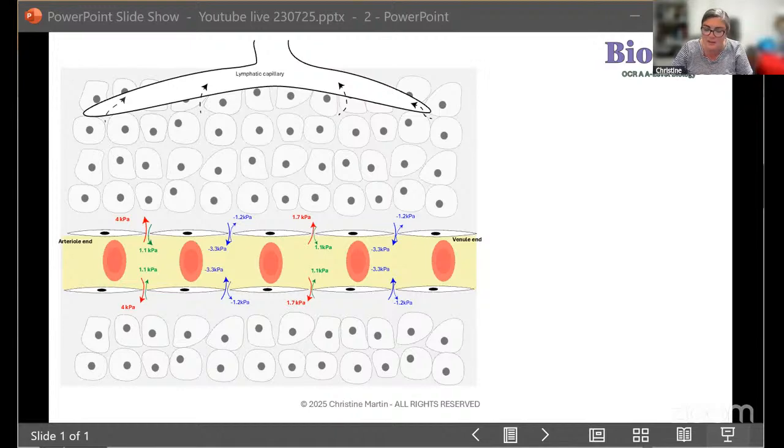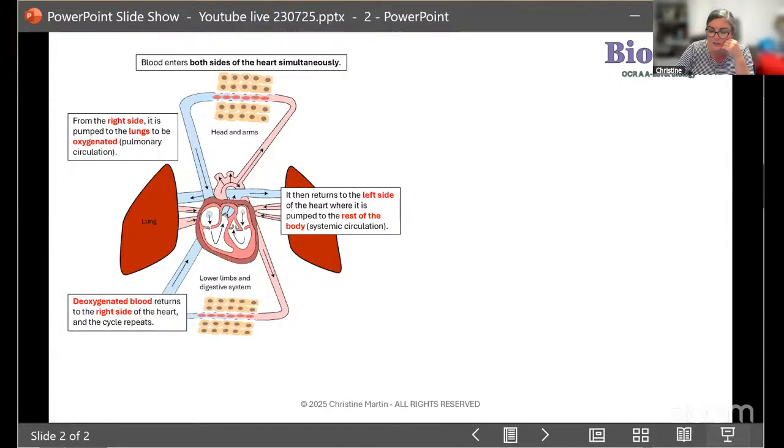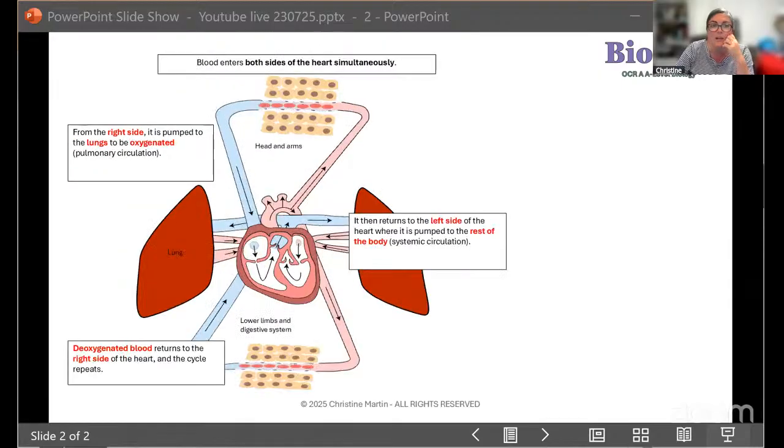The one that I was working on yesterday, let's give a little sneak peek, was yesterday's diagram to show you the double circulatory system. I want these diagrams to be as accurate as I can make them, because I'm using Illustrator, but also to make it so that it makes sense in a visual way.